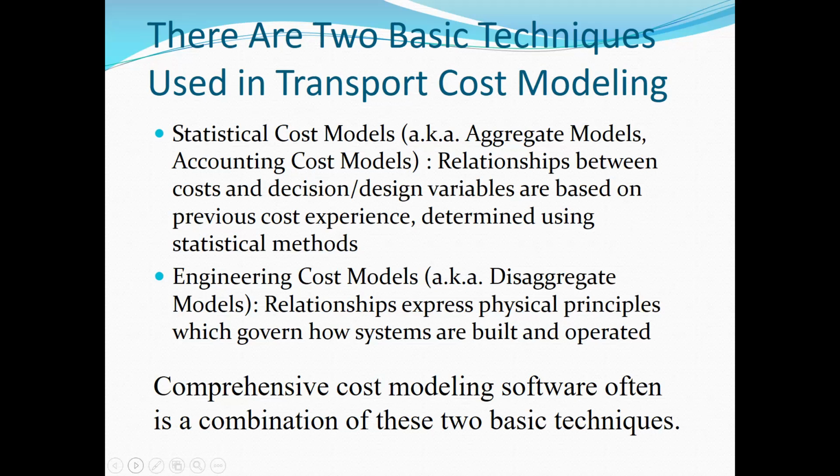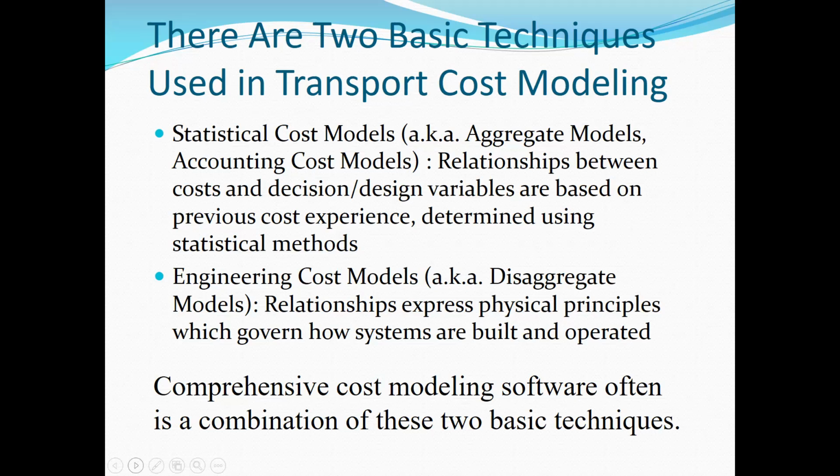Statistical cost models are relationships between cost and decision and design variables, based on previous cost experiences determined using some statistical methods. So maybe you look at, just to take the example that you're working on in your labs, complete street conversion.